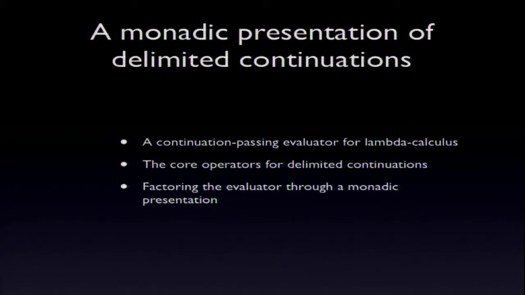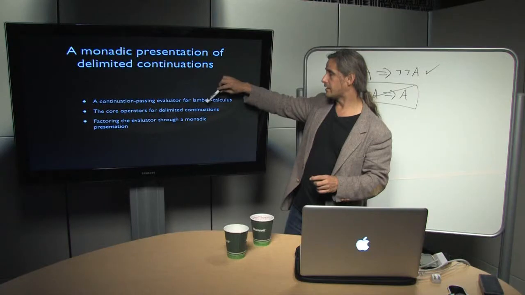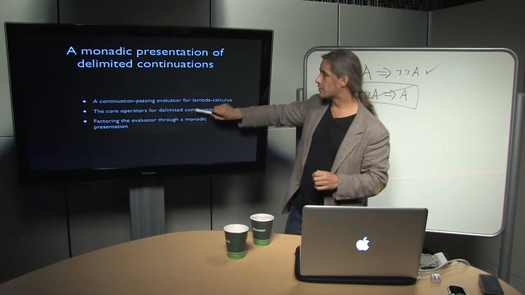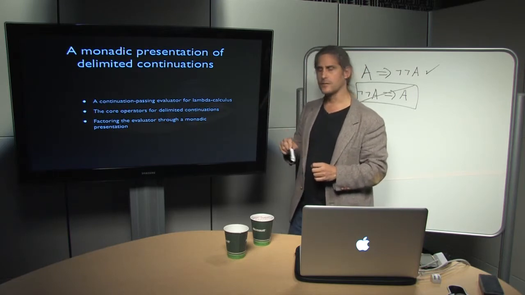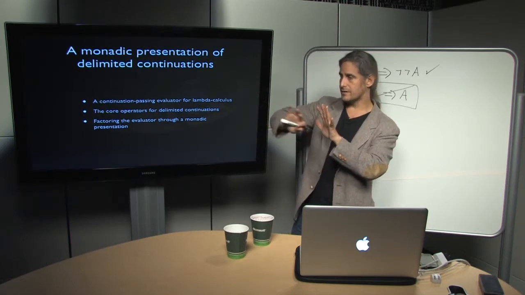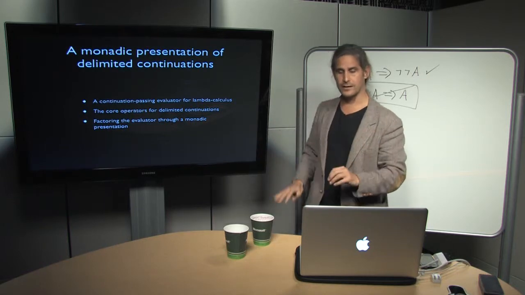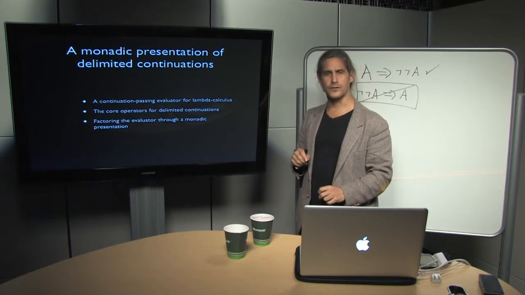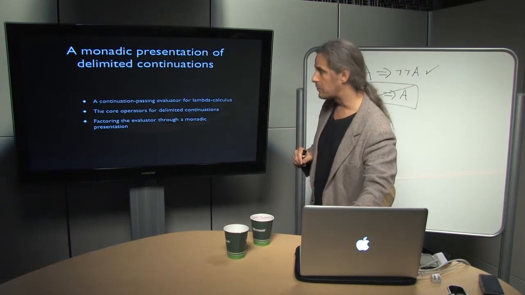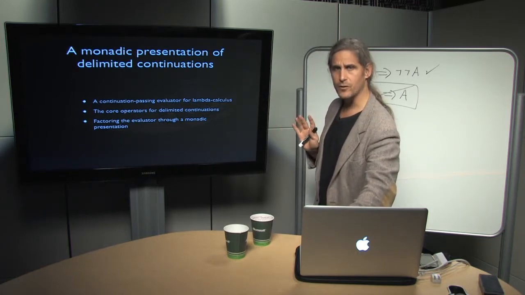And then I want to talk about the semantics of some of the core operators of that language in terms of the low-level functions in my evaluator, and then I want to talk about factoring the translation through the monad. Now, in order to do that, I need to be able to present a little programming language. So I want to build up to the tools to present that programming language.